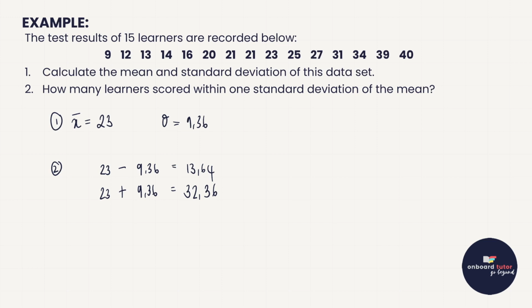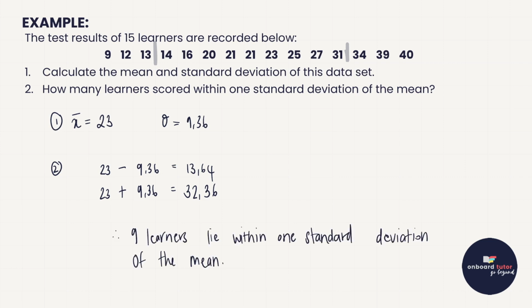Okay, so let's figure that out. Greater than 13,64 is somewhere there, and smaller than 32,36, so smaller than 32 is there. How many learners lie between 1 standard deviation of the mean, which happens to be this number here? Let's work out 1, 2, 3, 4, 5, 6, 7, 8, 9 learners.